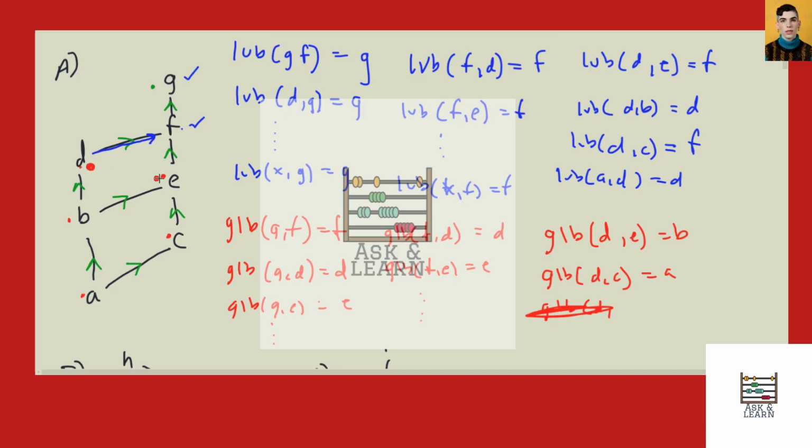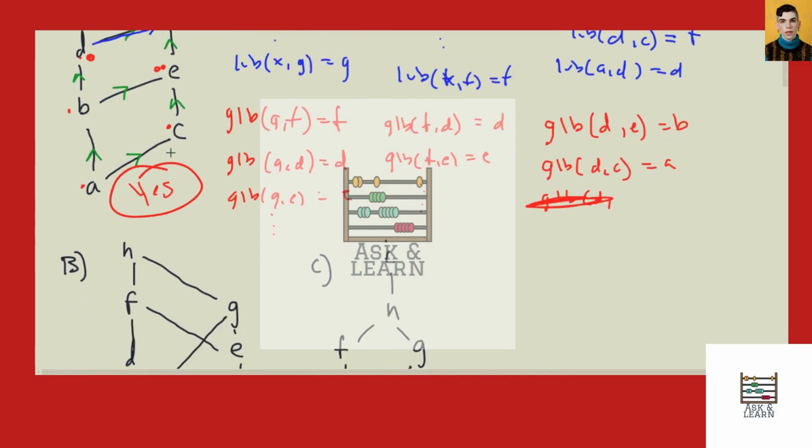But if they're off on diagonals, you just go down the diagonal like that, and eventually you'll hit something, or you go across the diagonal and then go all the way down. So it looks like all these also have a greatest lower bound. You could keep writing all those out, but the same idea will apply for these. So yes, this is a lattice.